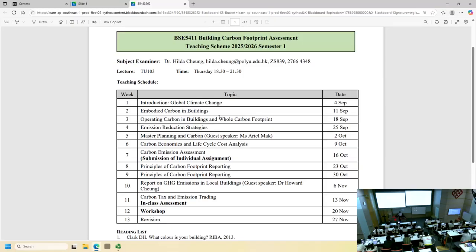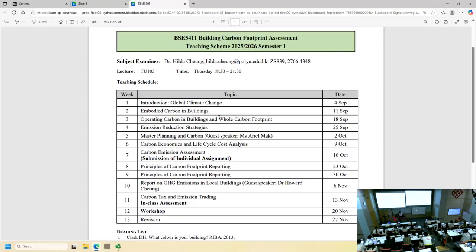In week 6, the lecture will be about carbon economics and life cycle analysis. We will do some calculations about the cost effectiveness and so on. Then in week 7, carbon emissions assessment.